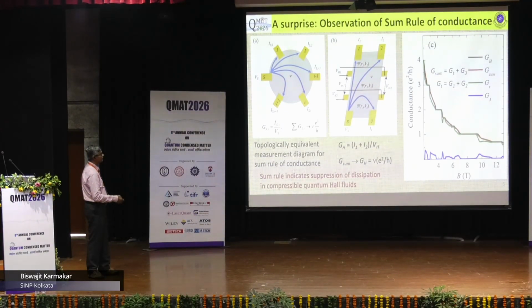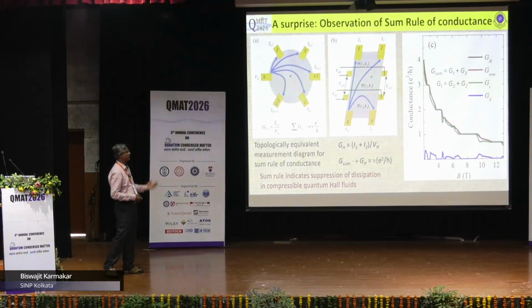Now this green curve is G1 plus G2, and it looks quite arbitrary. If we add these two and take the G sum, which is the red line that we have plotted, and compare with the GH we measure experimentally, you see they overlap each other. It is magic.